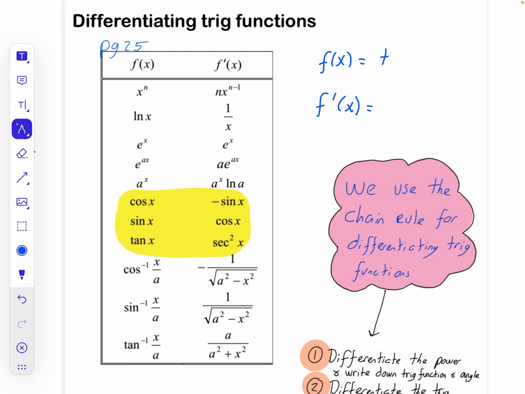Okay, we'll do another example. So say, for example, if I have f of x is equal to tan x. Differentiated, f dash x is sec squared x. Now, you don't need to know a huge amount about that, other than that's what it differentiates to, but it's actually given in your formula book. Okay, now that's nice and straightforward.